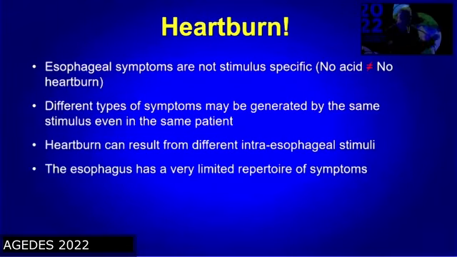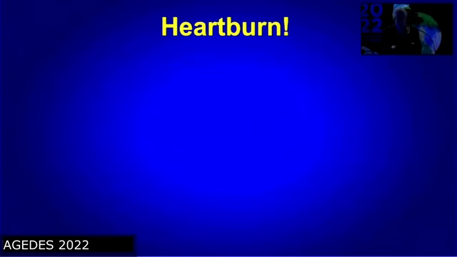There are different types of symptoms that may be generated by the same stimulus, even in the same patient. We do know, for example, that mechanical distension of the esophagus, like balloon distension, which is not chemical, like acid reflux, can lead to heartburn. Heartburn can result from different intraesophageal stimuli.